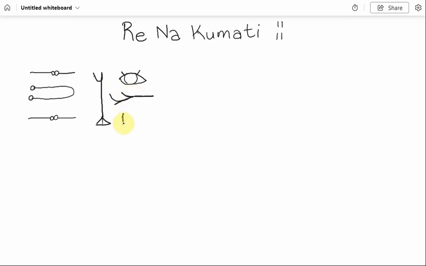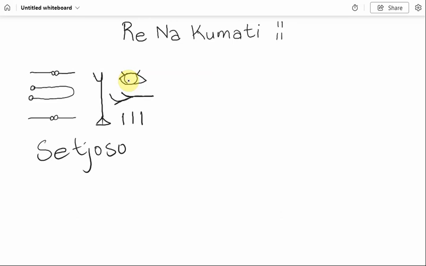And then you have the plural indicator. And in this case, again, it is the same word, Setjoso. We're looking at a piece of wood, and then of course the eye, indicating being in an awake state.